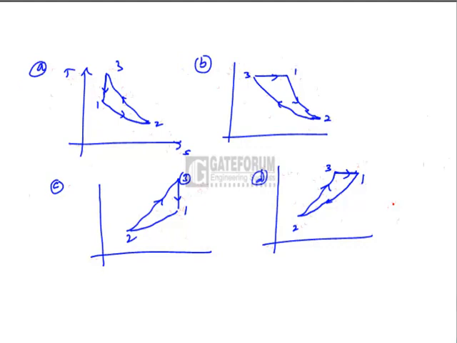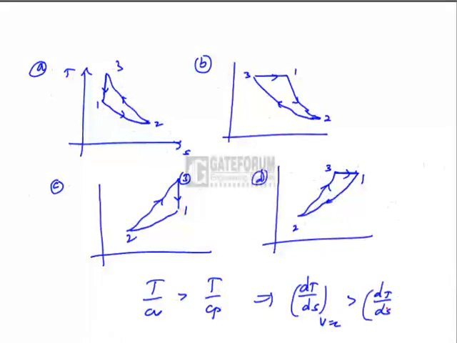Because constant volume process is steeper than constant pressure process on TS plane. T by Cv being greater than T by Cp implies the slope of constant volume process should be greater than slope of constant pressure line on TS plane.